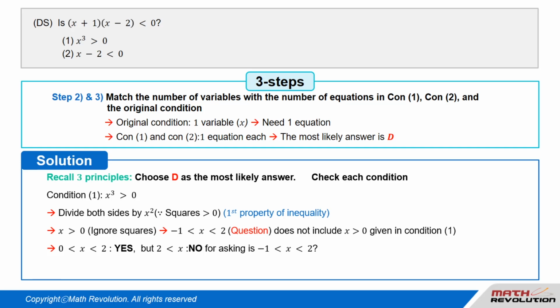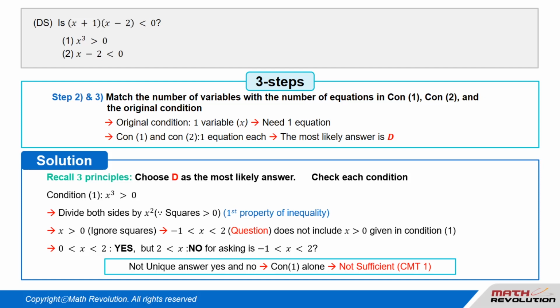But if 2 is smaller than x, then we get no. So, we have a no and a yes as answers to the modified question. Thus, the condition is not sufficient by CMT1, which states that the answer will be a unique yes or no.